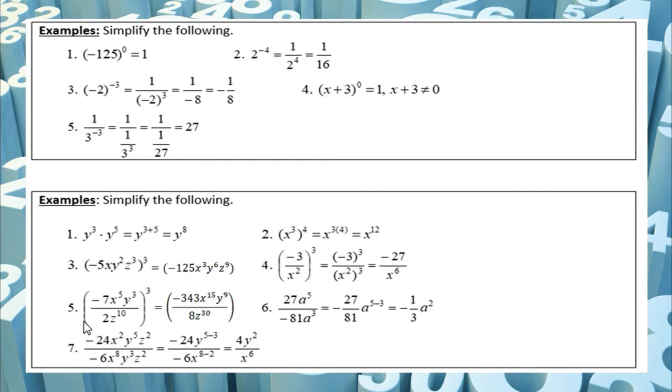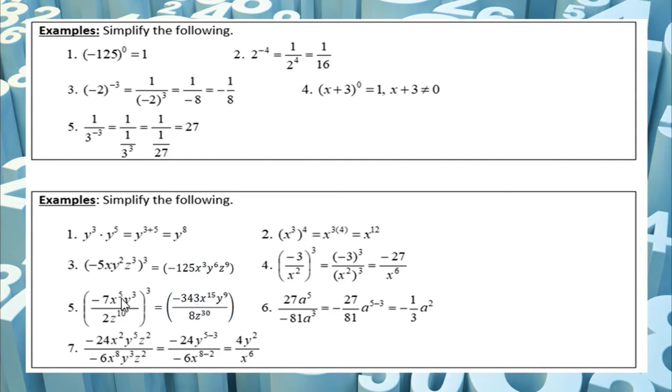Number 5. We have here negative 7x to the power of 5, y cubed, all over 2z to the power of 10, then inside the parenthesis, then cubed. So, we cube each coefficient in the numerator and denominator. Negative 7 cubed is negative 7 times negative 7 times negative 7, which is equal to negative 343.